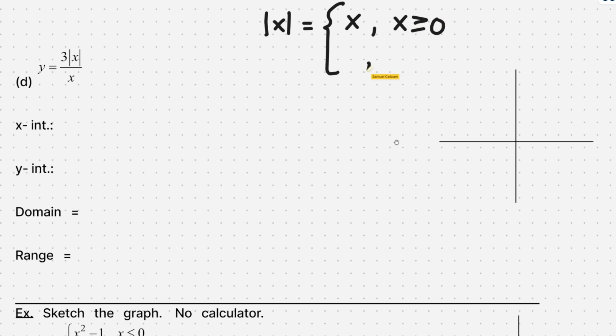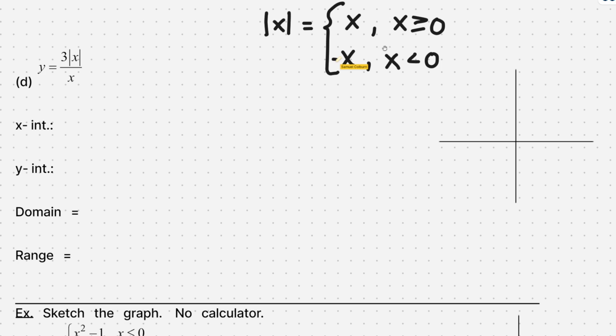If x is negative, meaning it's less than 0, then the absolute value changes the sign. So if x is negative 5, the absolute value of that would be positive 5. And so we're going to write x, but with a negative sign in front of it to indicate that the sign changes.